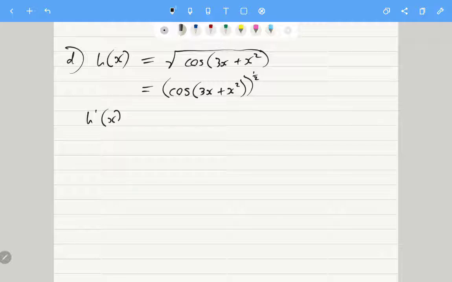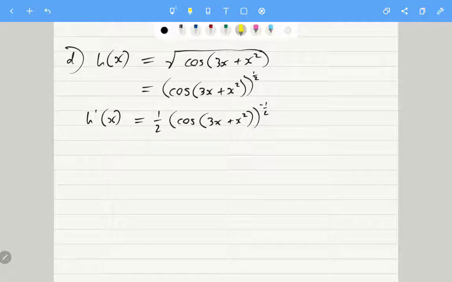So let's ignore everything inside the bracket, bring down the half, cos of 3x plus x squared to the power of a half minus 1, which is negative a half. Oh, but I've got to multiply by the derivative of the brackets, which is all of this. And cos goes to negative sine of 3x plus x squared.